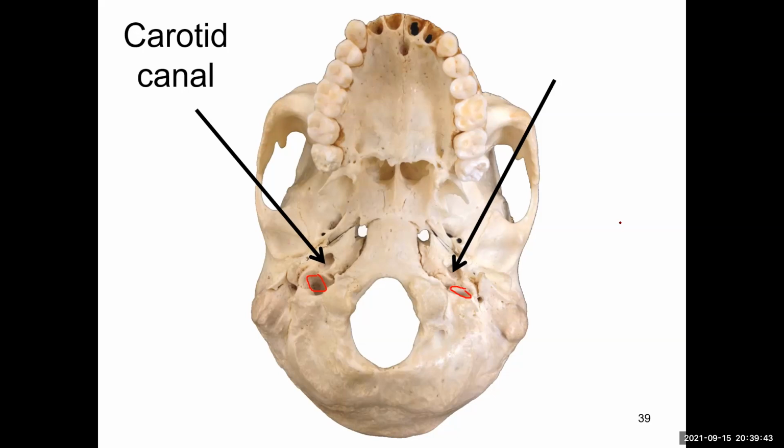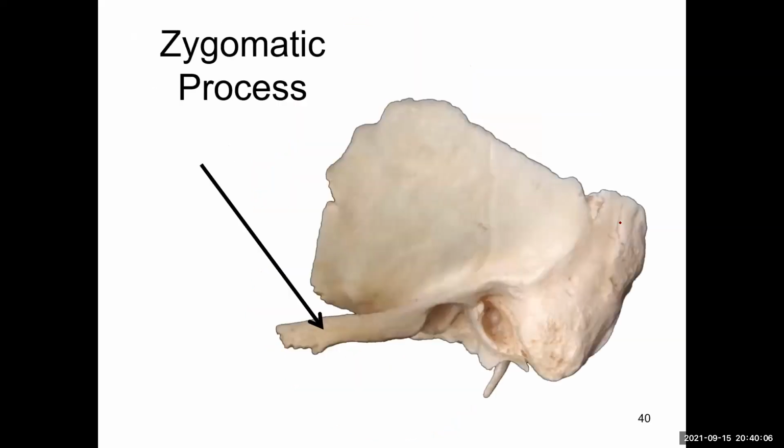And that is the area where the internal carotid artery enters into the skull. Veins leave, arteries enter. The internal carotid arteries, there's two of them, a left and a right one, supply 80% of the blood to your brain. So those vessels are important.